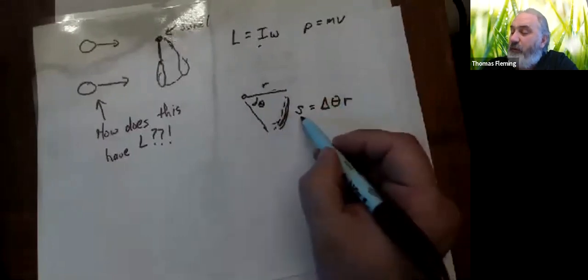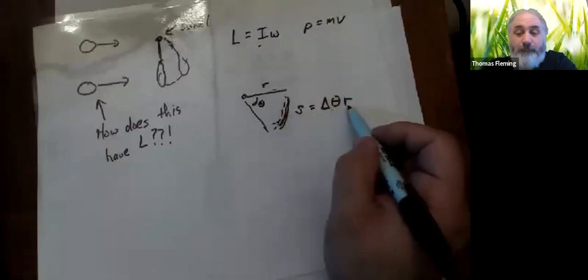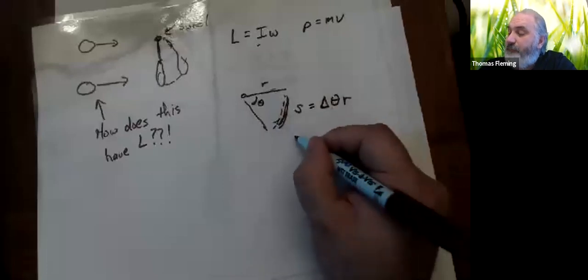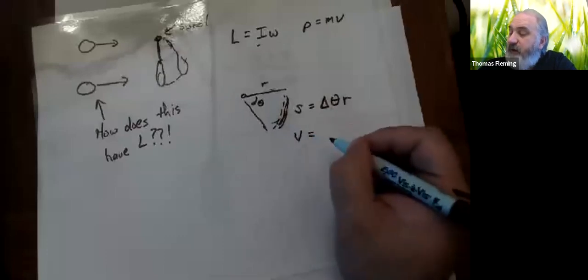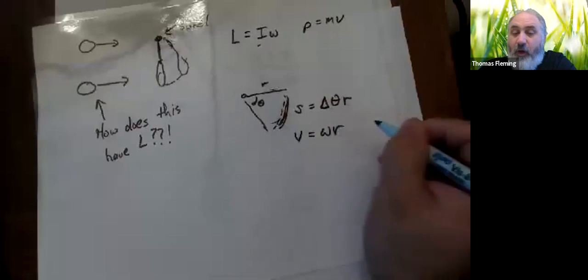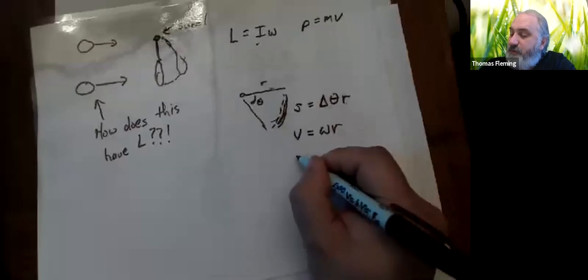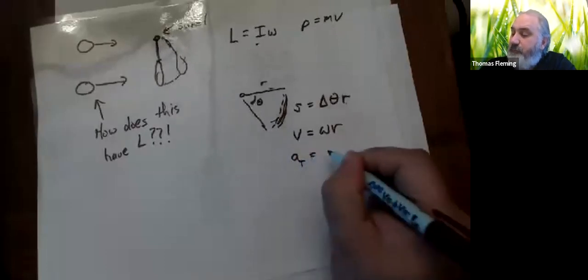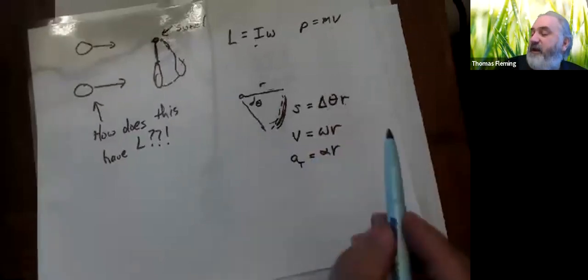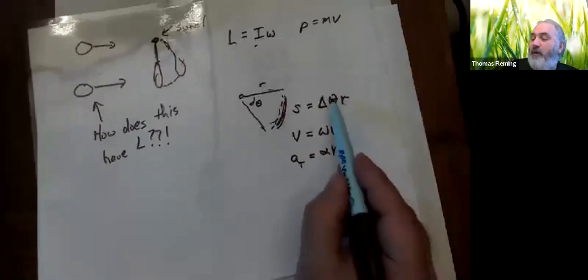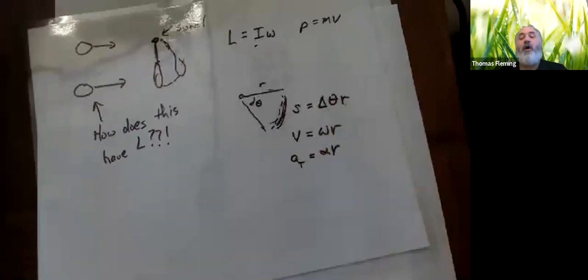So to get a linear distance in meters, I just took the angular distance in radians times r. The angular velocity was related to the linear velocity, because v was going to equal omega times r. I took the angular velocity times r and got the linear velocity. For the tangential acceleration, that was just the angular acceleration, alpha, times r. So you'll notice in each of these three cases, I'm going from an angular variable to a linear variable just by multiplying by the moment arm, r.